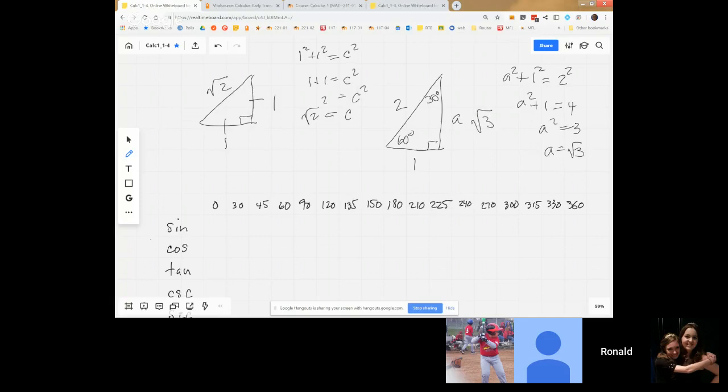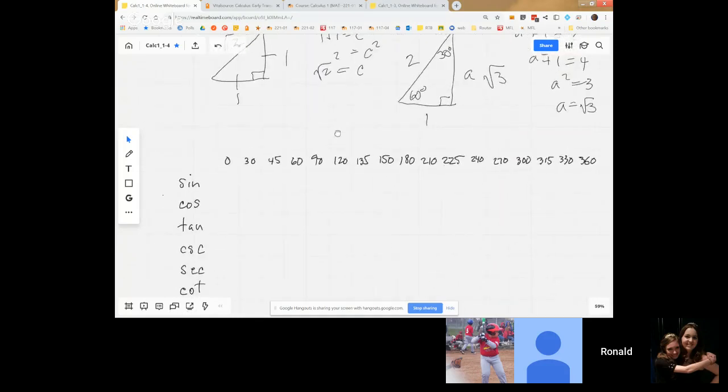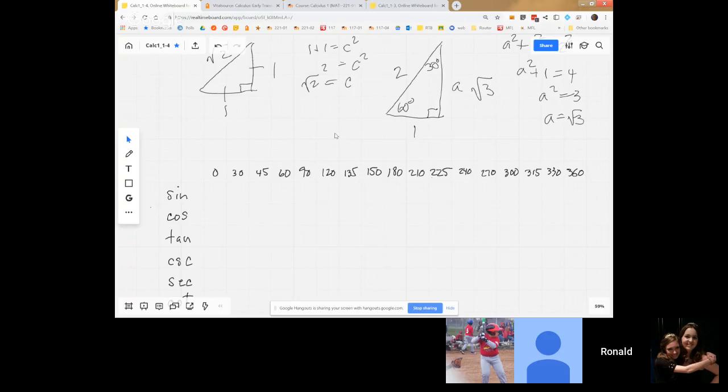Those two triangles and the relationship between the sides give us all of these answers between 30, 45, 60, all those non-quadrantal angles in the chart. I'm sure you know this. Anyway, based on that, we should be able to run through these. You know that your basic measures are what?